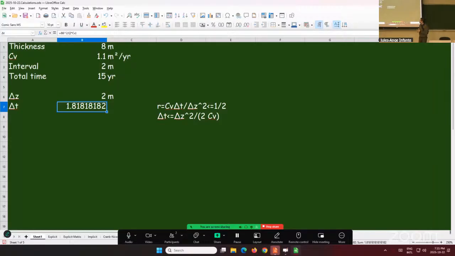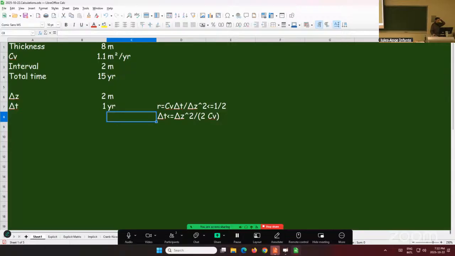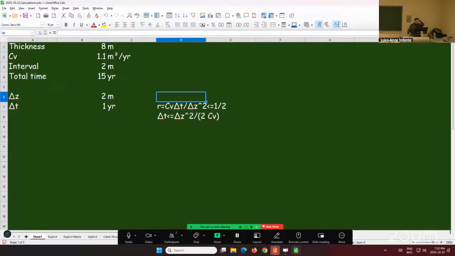We can go to 1.5, but why not make it 1 year? It needs to be smaller or equal to that. So by choosing 1 year, we make a number which will make it easy for us to follow evolution. Okay? So we'll call it 1 year. And we're still respecting the minimum.